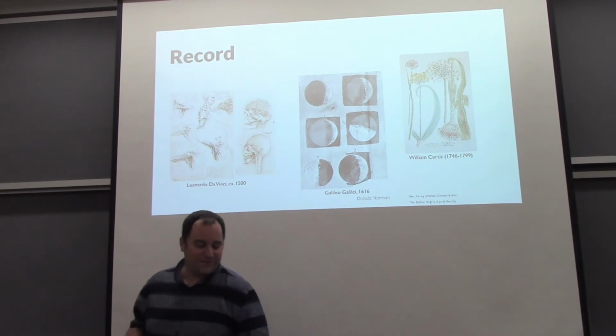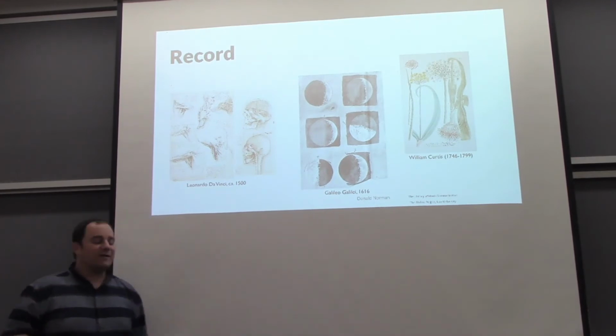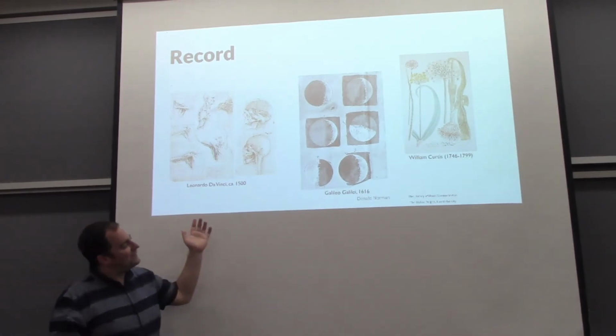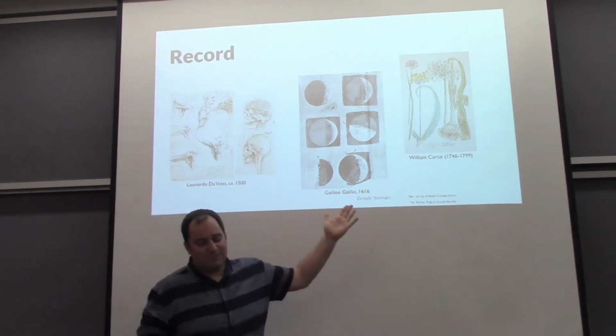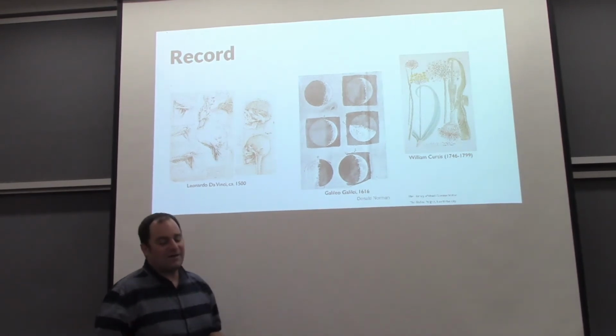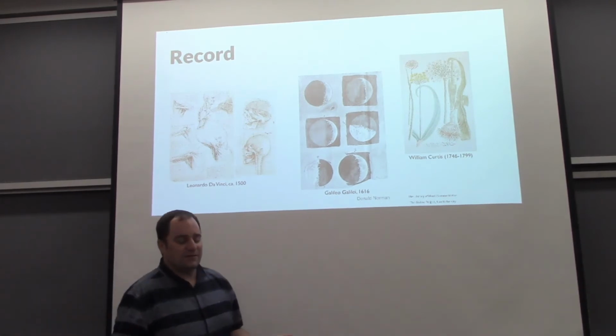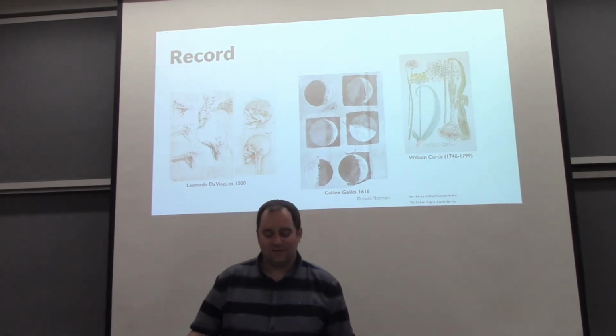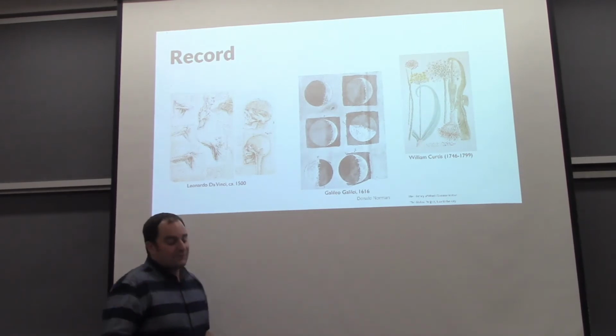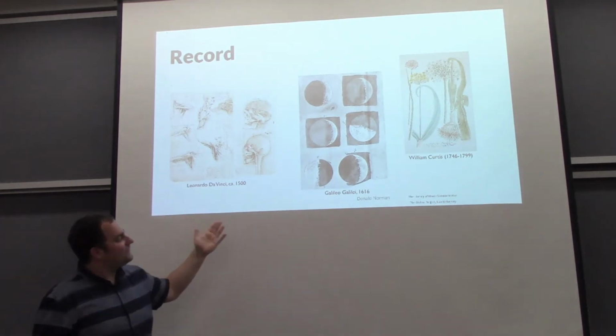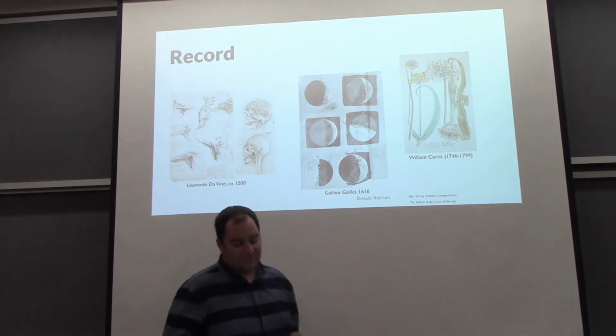And then there's a lot of recordings in a medical context, or in an astronomy context, or in a plant biology context, where people have created these really elaborate illustrations that were used to study things that you couldn't easily see by hand. Here we have a figure by Leonardo da Vinci, Galileo Galilei, and William Curtis.